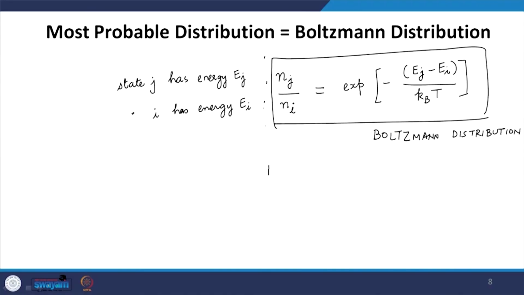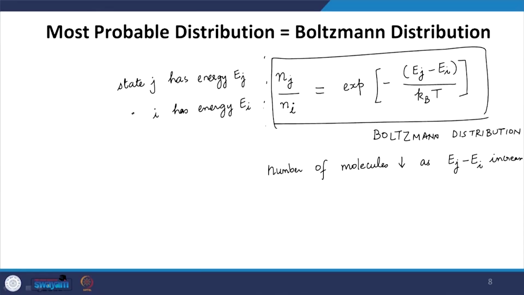That means the number of molecules decreases as Ej minus Ei increases, right. So, the higher energy levels are going to be less occupied than lower energy levels.